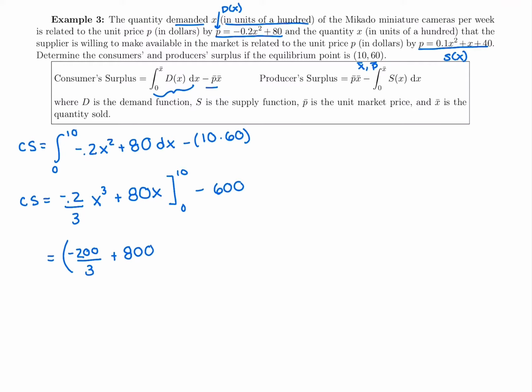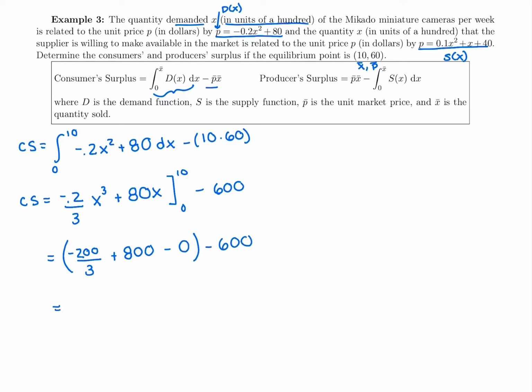And then we are going to plug in 0 to both of these, which is just going to give me 0 when I do negative 0.2 over 3 times 0 cubed plus 80 times 0. Nice lower bound to plug in because we just get 0. And at the very end, I'm going to subtract 600.